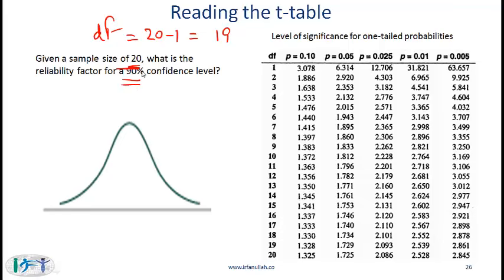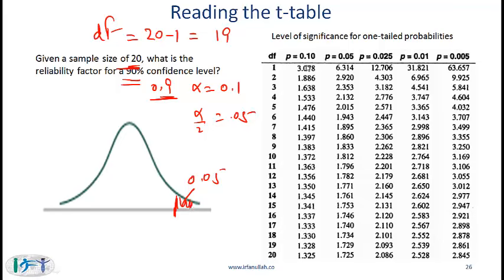90% confidence interval is 0.9, and as we just said, alpha then becomes 1 minus this, which is 0.1, and alpha over 2 is 0.05. So we have a t distribution. What we are really looking for is this t value over here, such that we have 0.05 in one tail.